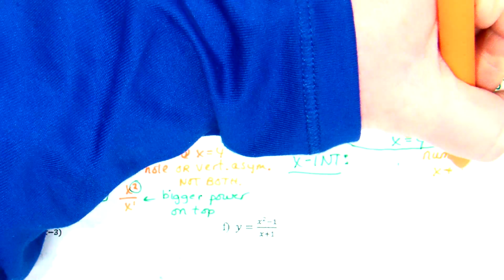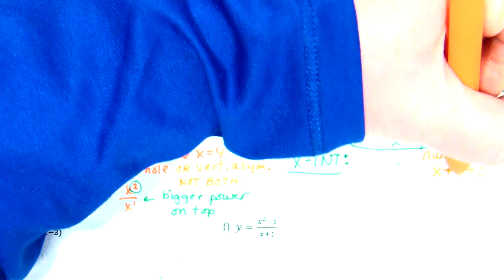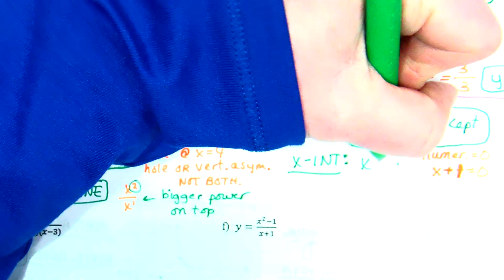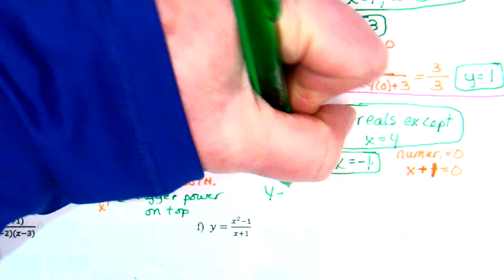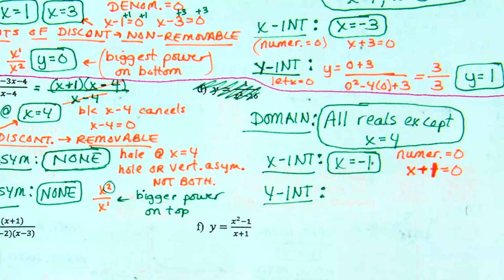And lastly, y-intercept. How do I do a y-intercept? Let x equal 0. Use your factored. Use your original.